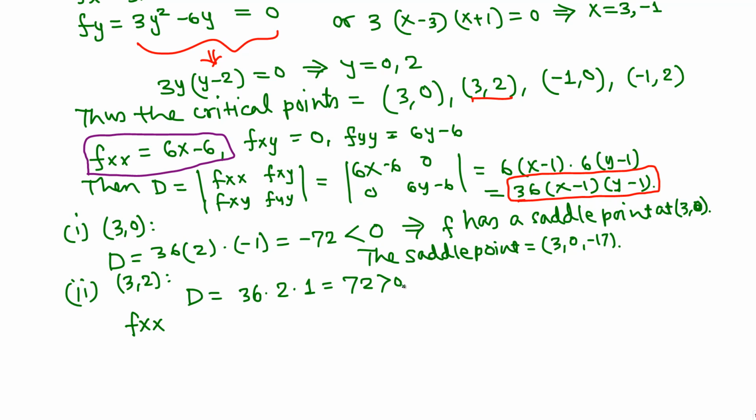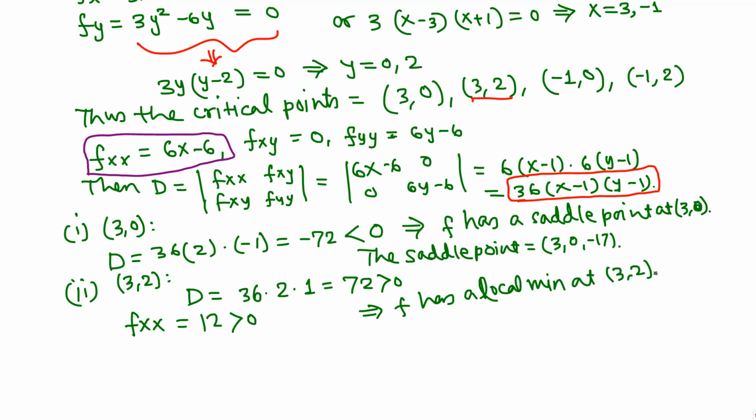If the discriminant is positive, then we have to go further: find the second derivative at this critical point (3, 2). There is no y involved, so just x. That is 6 times 3, 18, minus 6, 12, which is positive. This matters: D positive and the second derivative also positive means f has a local minimum at this point (3, 2).